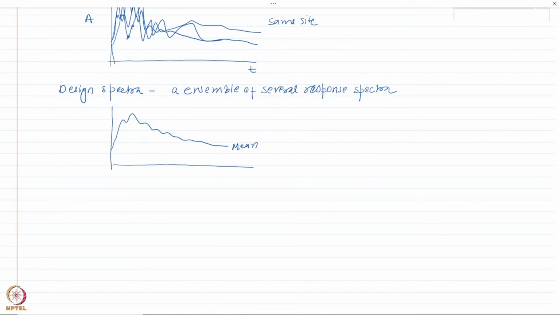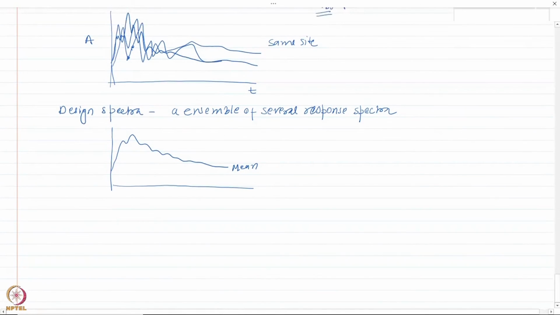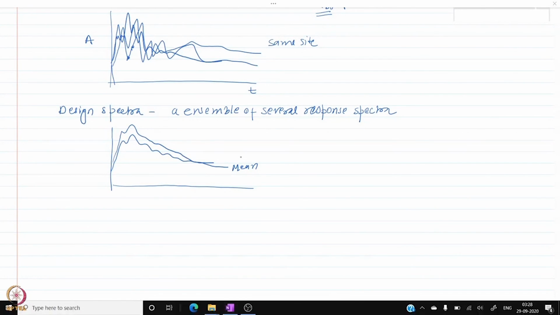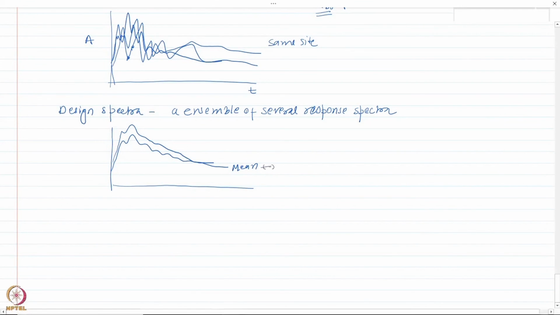But in very simple layman terms, if we consider mean plus standard deviation, it would look something like this, so that most of these peaks are captured under mean plus standard deviation.